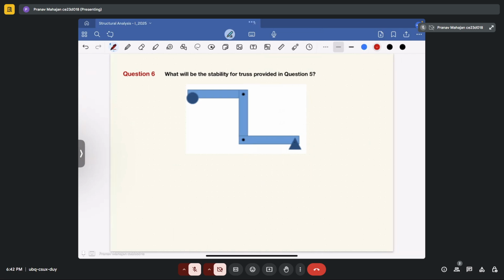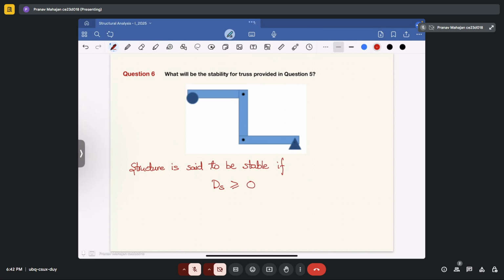define the stability? A structure is said to be stable if degree of static indeterminacy is equal to or greater than 0.